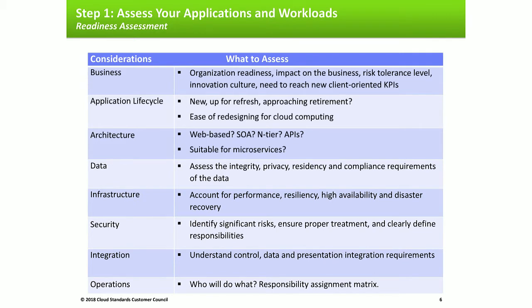The most important thing is the application should have loose coupling, it should have APIs, it needs rapid resource provisioning, and applications or workloads that have really high operating expenses.